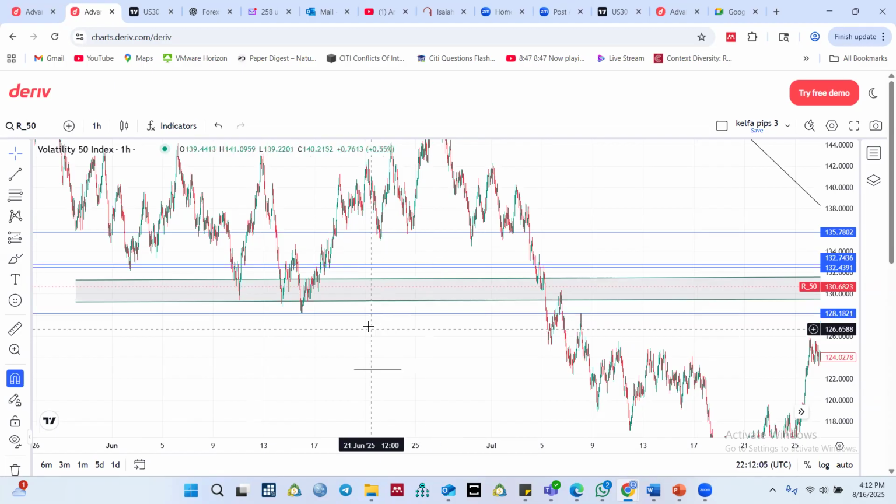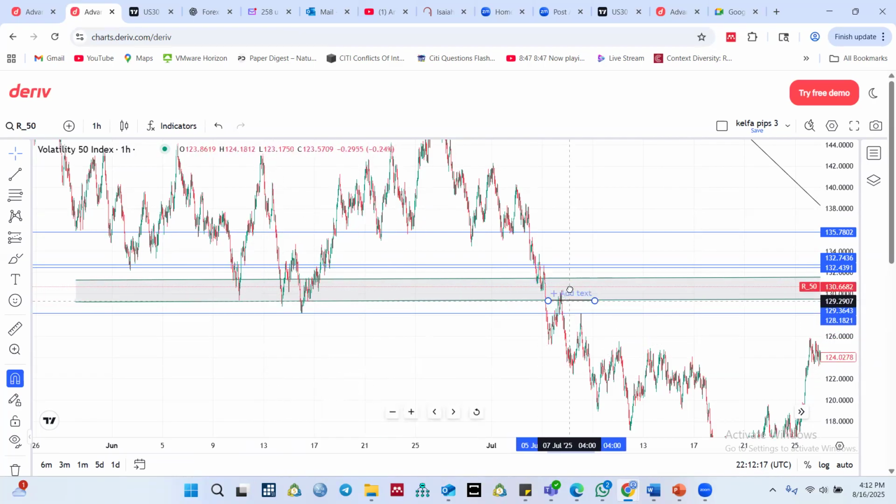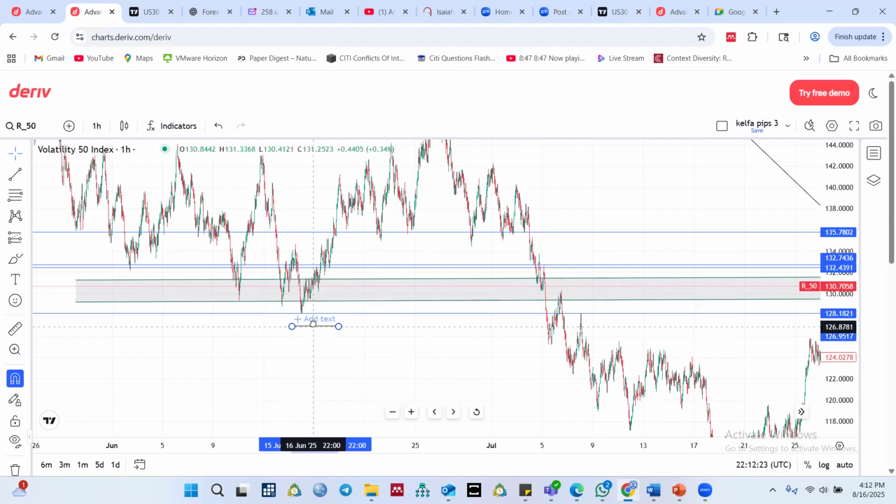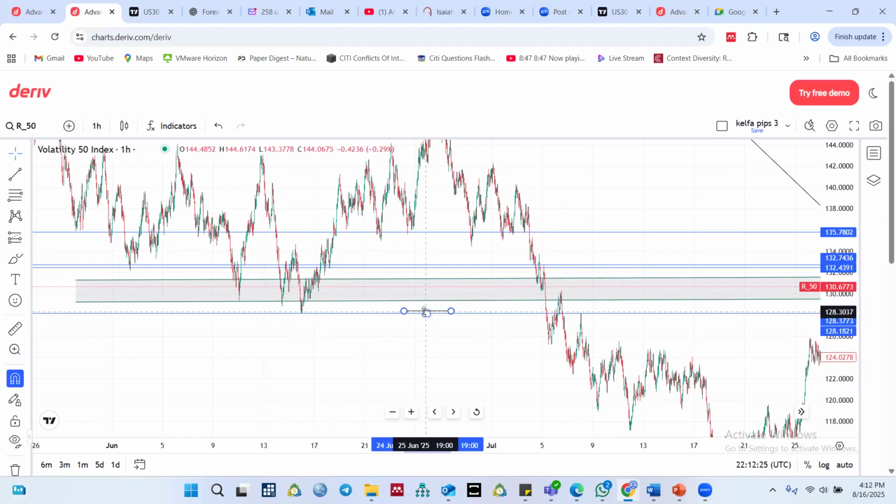So what happens here? Those who will be selling here, they place their stop losses above the zone. Those who were also buying here, their stop losses are below this area, the lows. That is what makes this place a very strong area for liquidity.